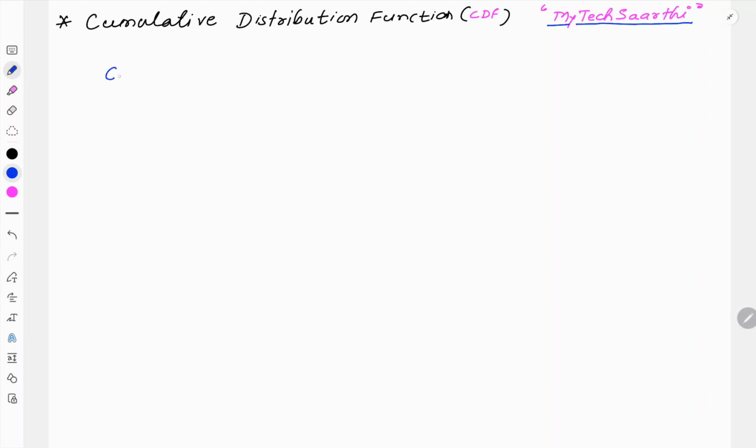So CDF, cumulative distribution function, or it is also called cumulative density function.